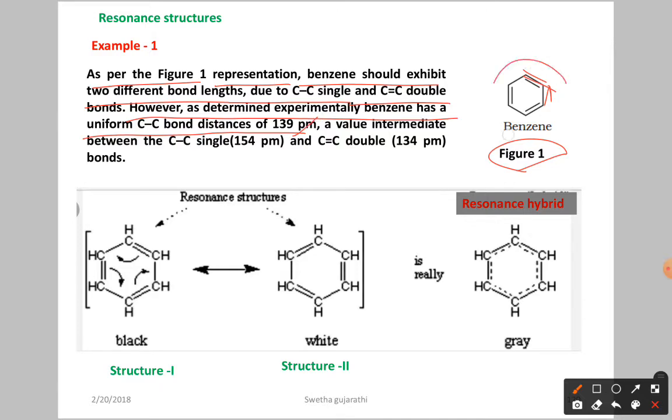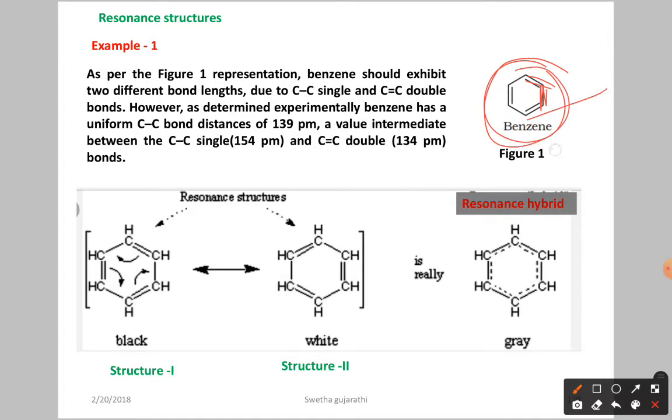So only one bond length is there. According to this structure it should have both single bond and double bond lengths, but throughout the structure we have only one bond length, 139 picometers.